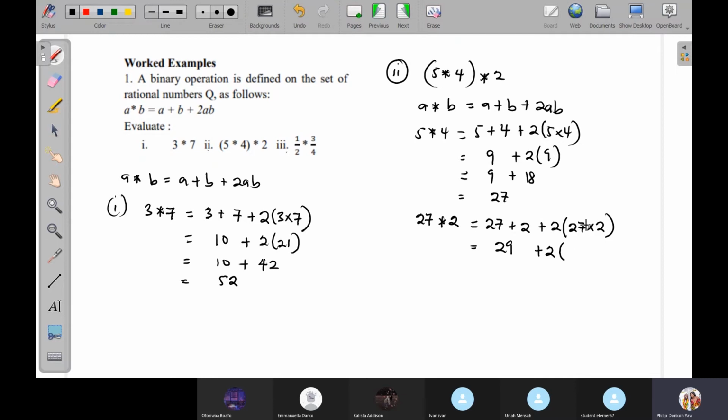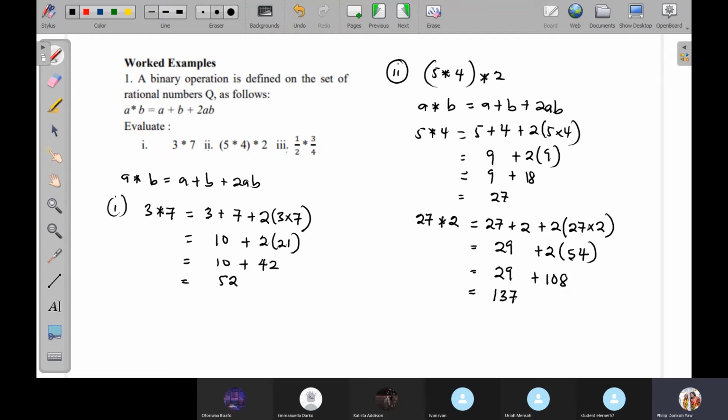We have 2 times 7 is 14, and 2 times 2 is 4, plus the carry of 1, we have 54. Then we have our 29, and 2 times 54: 2 times 4 gives us 8, and 2 times 5 gives us 10. Putting the two together, 29 plus 108, what answer do we have? 137.